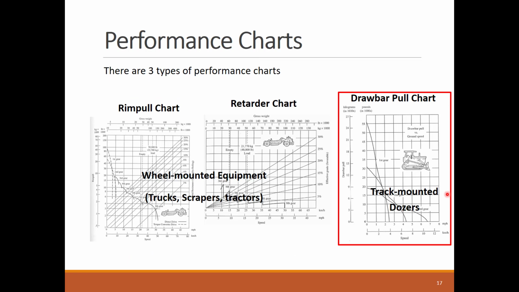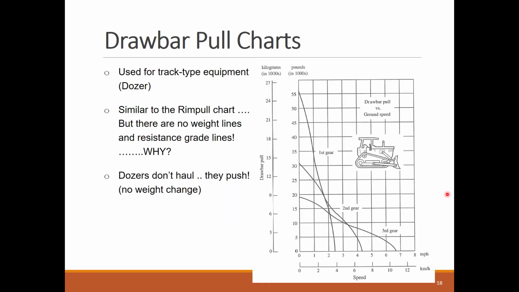Done with two charts, let's check the last chart for drawbar pull. The drawbar pull chart is the performance chart for track-mounted equipment like track dozers. These look similar to the rimpull chart but miss the weight top axis and total resistance right axis.